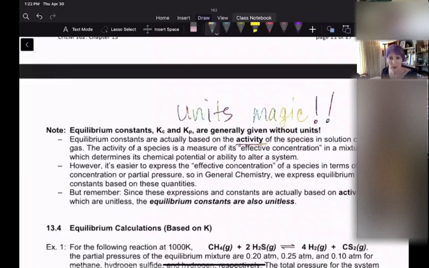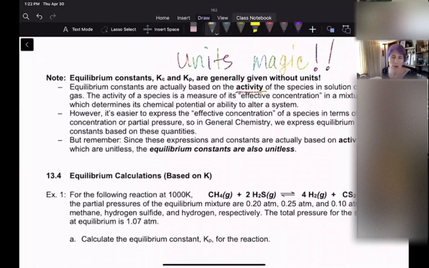But in order to get rid of those units so we can put it up in the exponent or in the log and all of this, we're going to divide everything by its standard state, which is like dividing by 1 molar. Or if it's a gas, we divide by 1 atmosphere. And that cancels out the units.